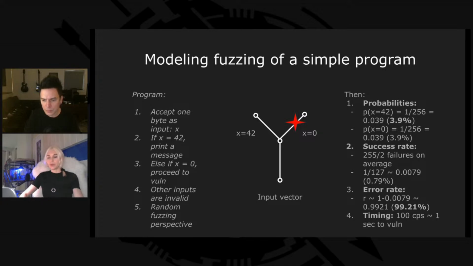Another thing that I'm interested to see here is the error rate. The error rate is the opposite of the success rate, which in this case will be slightly more than 99%. So this is kind of the minimal percentage of failures of any fuzzer. Here, of course, I'm showing a very simplified picture.